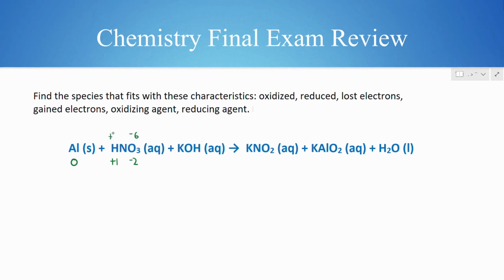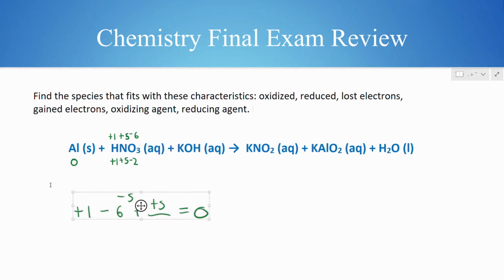Now, in total, HNO3 has a neutral charge, so everything needs to add up to equal 0. Right now we have -5 here, so a +5 would make this 0. So nitrogen has a +5 charge for its oxidation number.